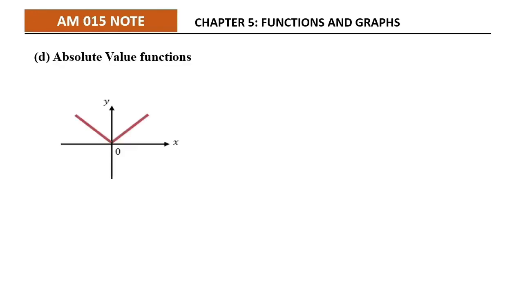For the absolute value graph, domain is from negative infinity to infinity, and range is from the lowest value of the graph, 0, to infinity.